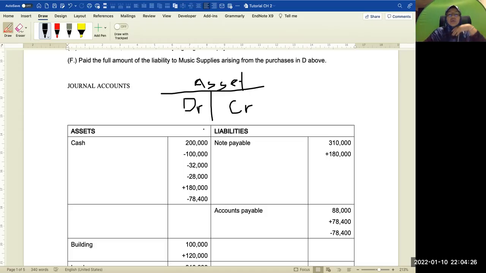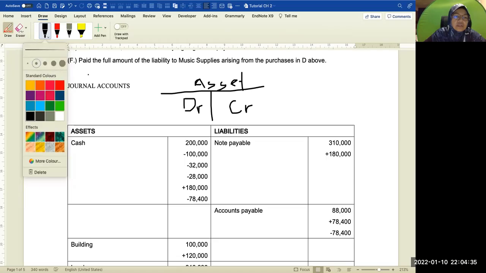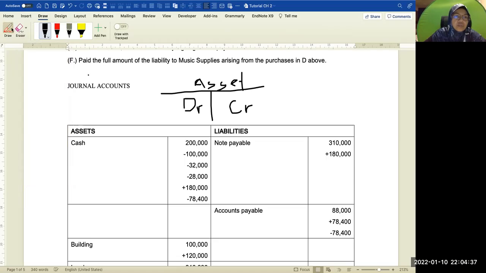So an asset will always have a debit balance. The nature of an asset is always a debit and liabilities is credit.